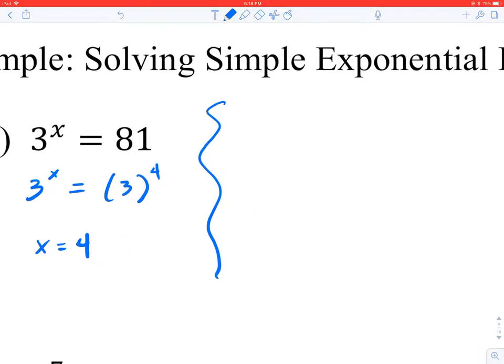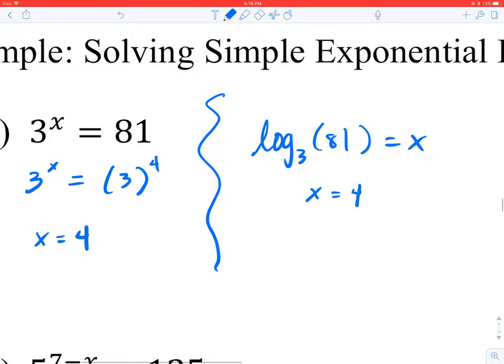We could have also taken the log base 3 of each side of the equation, or rewritten this in its equivalent logarithmic form. So the log base 3 of 81 is equal to x. And then log base 3 of 81 is 4. You type that into your calculator.